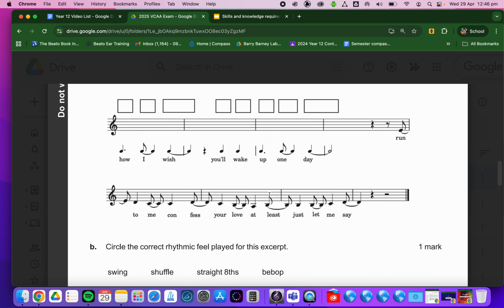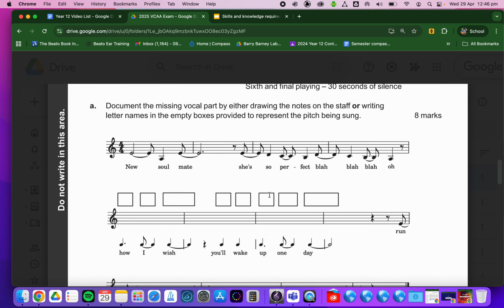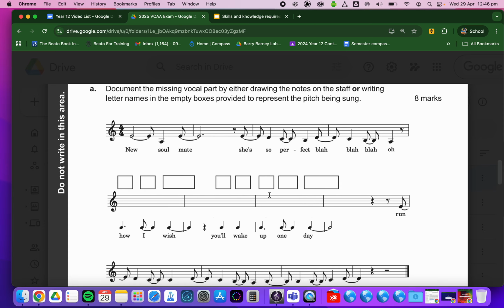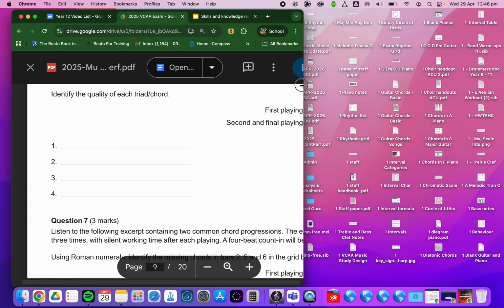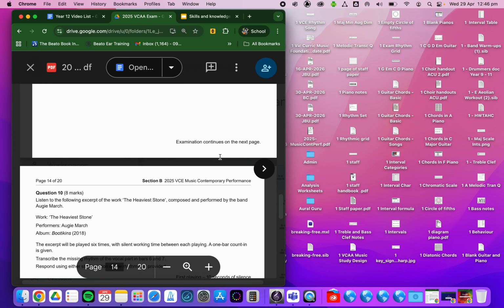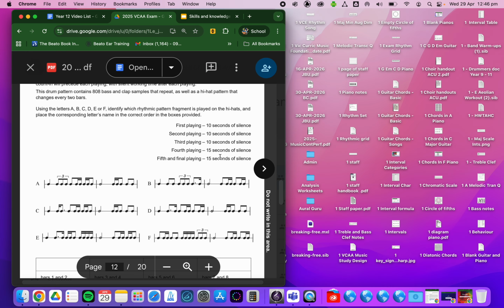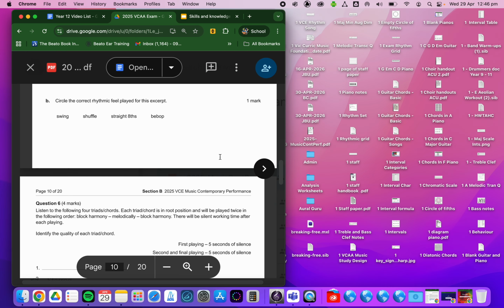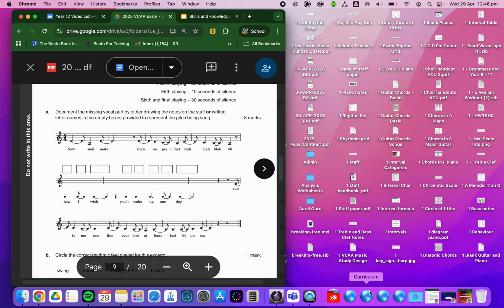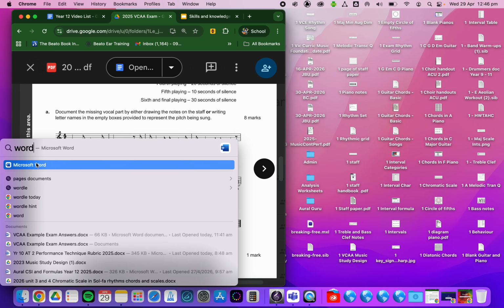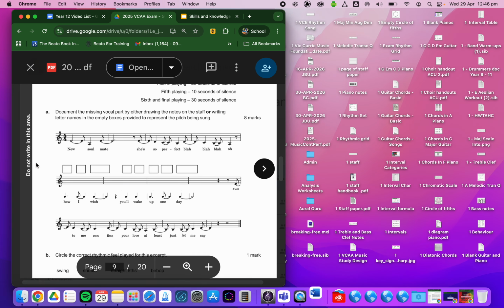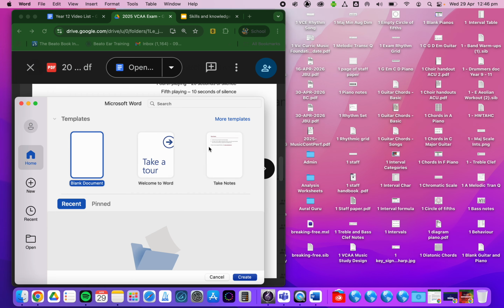So what I would recommend doing would have been to write in solfa on the page, the melody under the notes. Okay, so I'll try and get up a Word doc, and I'll show you what I mean by that.